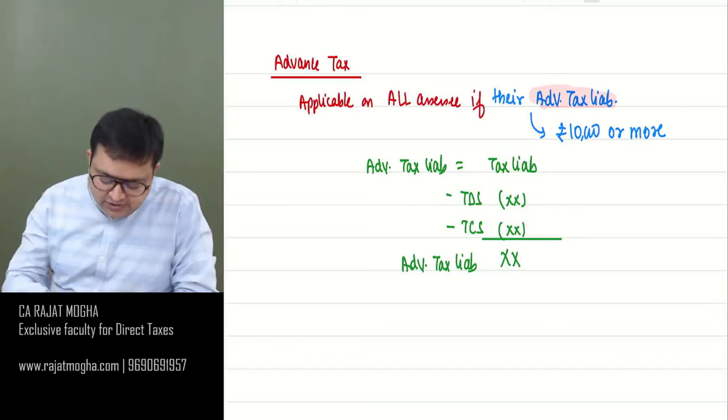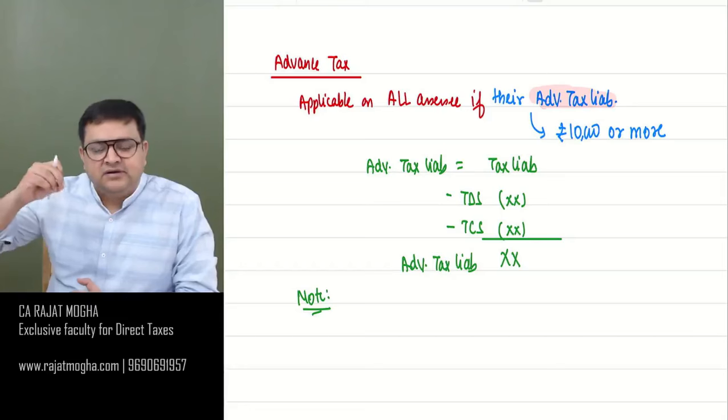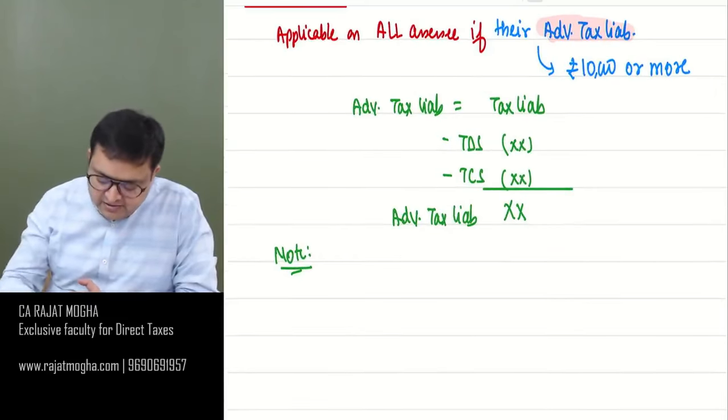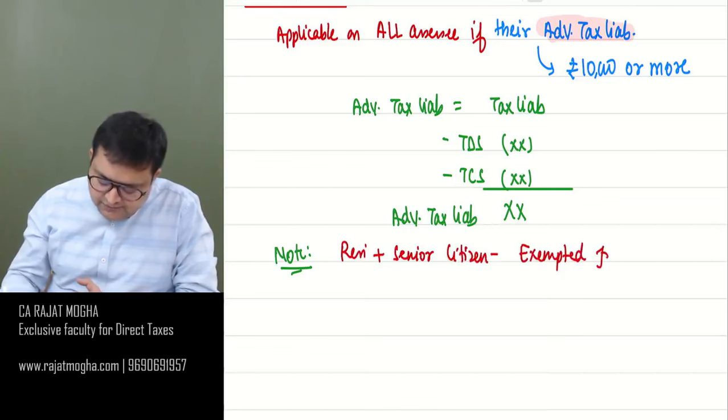Second thing is note, even if for some people the advance tax liability is 10,000 or more, but if they are resident senior citizens, they are exempted from advance tax obligation.